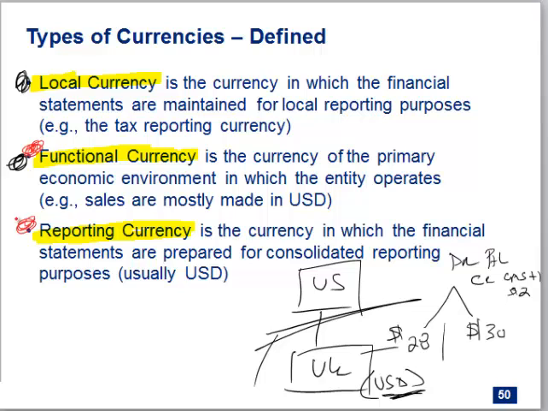So they're different. That difference creates the effect. With the effect, we need to know what the tax consequences are. So the best way to isolate on currency differences is to know the 3 different currencies and figure out where the differences are. When you know the differences, you can identify the fact patterns.